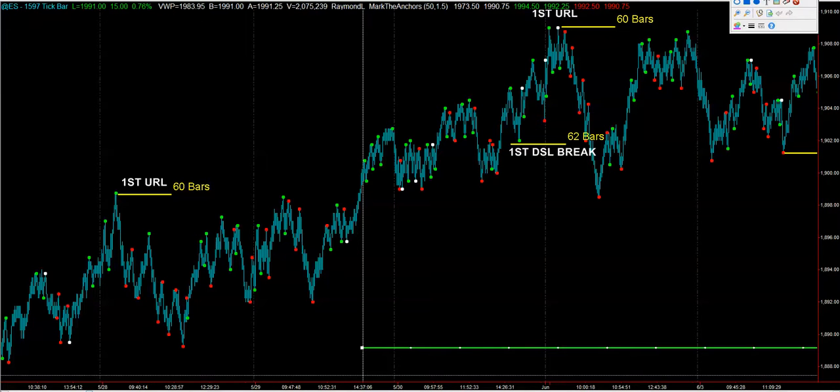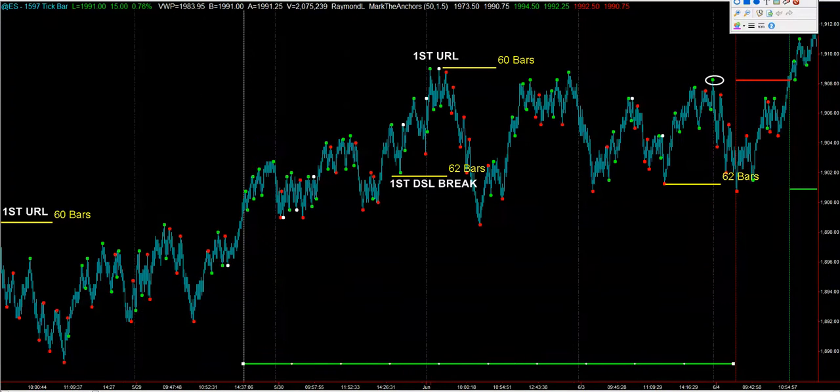Either price action will have to break below by coming down all the way here, or another way, and this is the other way explained. What we can look for is for DSLs to be formed and broken.